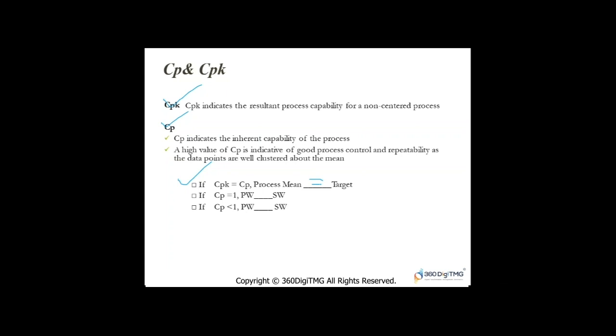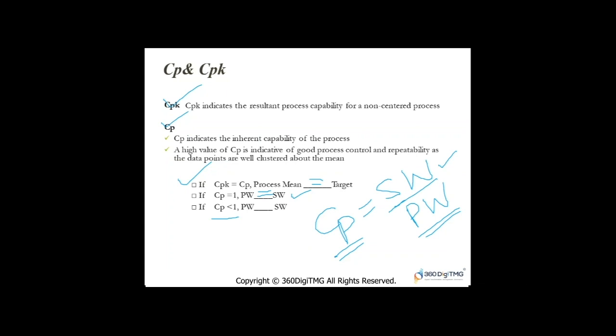Look at that. If CP is equal to 1, what will happen? What is the formula for CP? Specification width divided by process width. If CP were to be 1, both specification width and process width should be equal. If CP is less than 1, your denominator should be greater than your numerator.